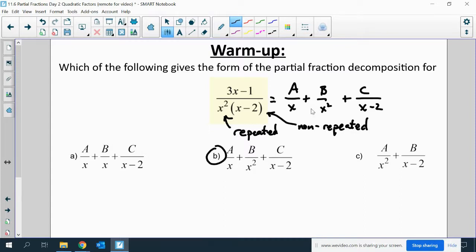If we have a repeated linear term, we write it once here and then a second time with the squared. And then the non-repeated linear term, we would have C over x minus 2.